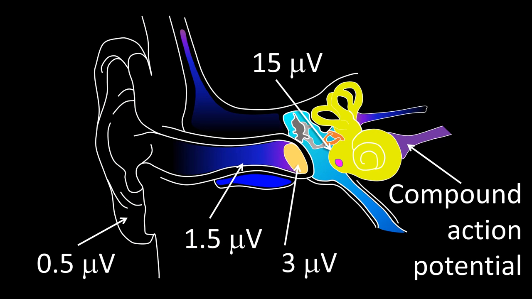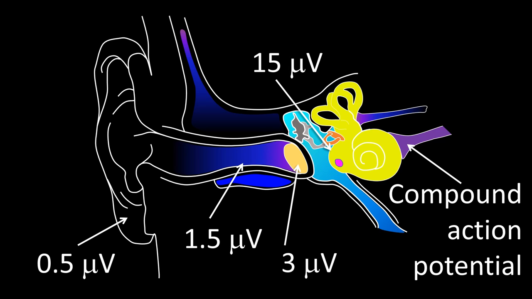In this frame, I have represented an ear, that is the outer, middle, and inner ear. I've done so to show that a compound action potential will measure differently according to where it is measured. When it is measured at the promontory, it will have an amplitude of 15 microvolts.